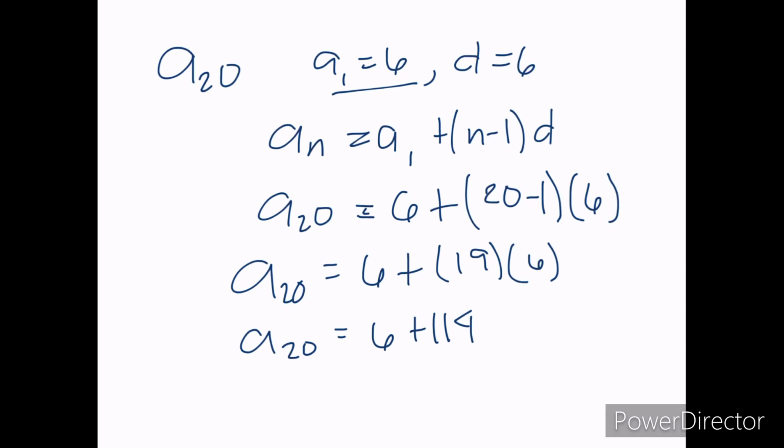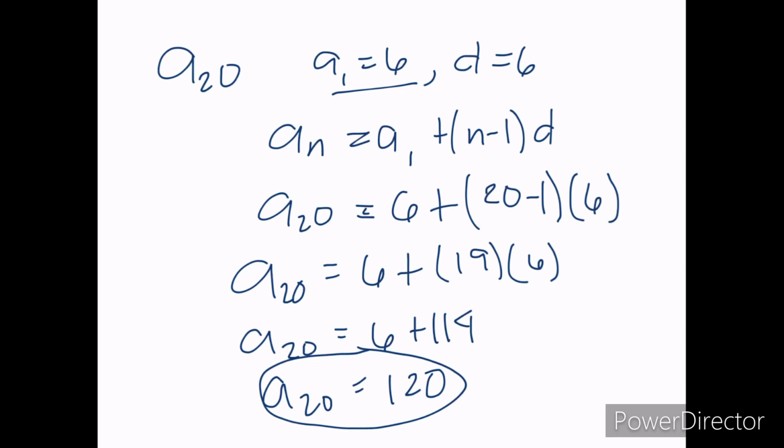So our a sub 20 is equal to 120. Therefore, the 20th term of the sequence whose first term is 6 and whose seventh term is 42 is 120.